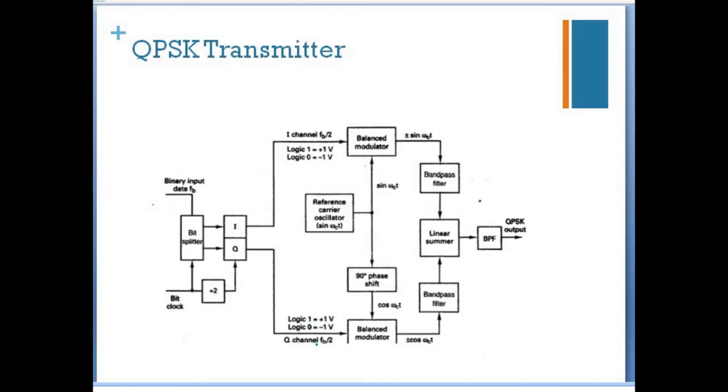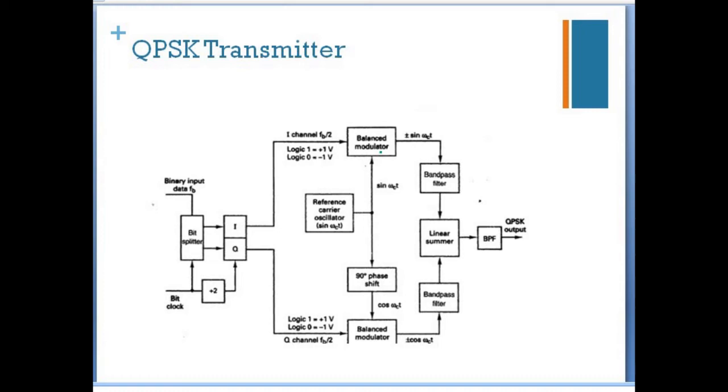So this is the block diagram of the QPSK transmitter. Here the input bits are given to the bit splitter, one bit is given to the I channel and the other is given to the Q channel. The I bit modulates a carrier that is in phase and the Q bit modulates a carrier that is out of phase, that is in quadrature, hence the name quadrature channel.